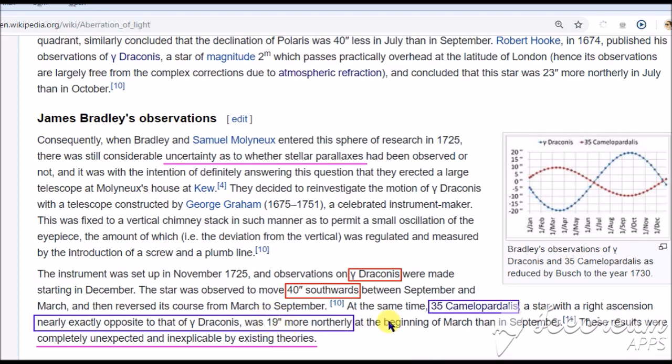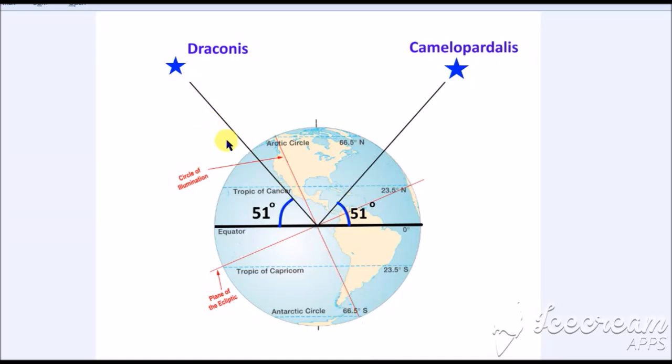Now, before going any further into analyzing his results, let's have a little look at his experiment and its setting. He picked two stars, Draconis and Camelo, and each of those stars is at an elevation angle of around 51 degrees, 51.5 to be close to exact.